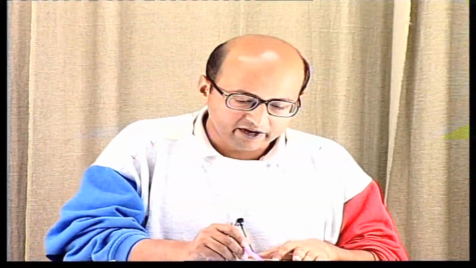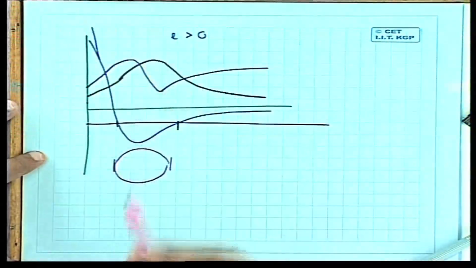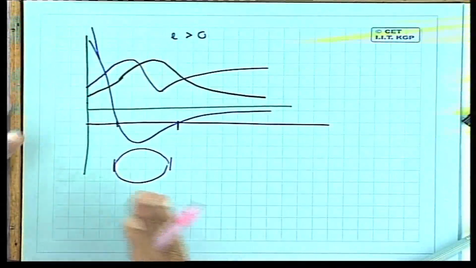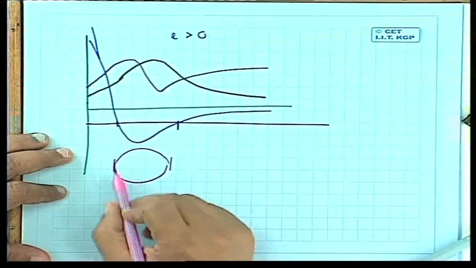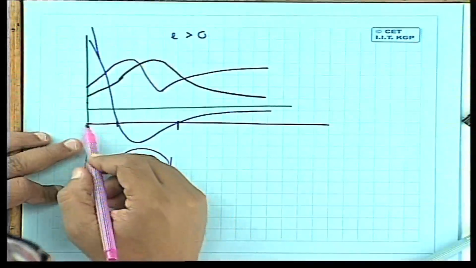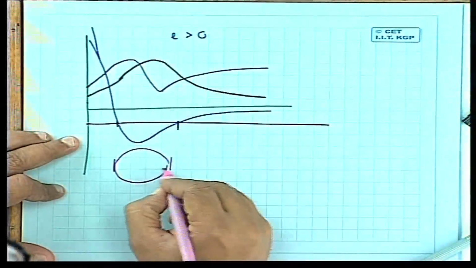So for L greater than 0, the region where the probability of finding the particle is maximum shifts away from the origin, and for larger and larger values of L it goes further and further out.